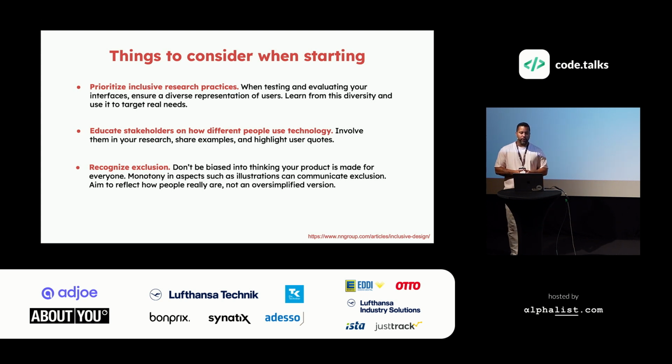Prioritize inclusive research practices, educate stakeholders, and recognize exclusion. These are three things where you could start, not end. This is not a prescription of what to do. This is just the baseline where you could start if you are curious about implementing this.